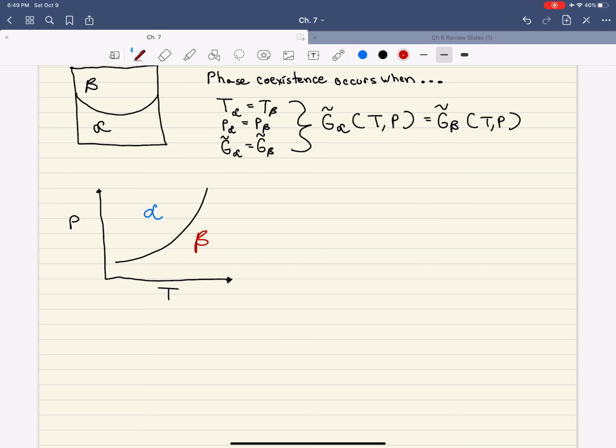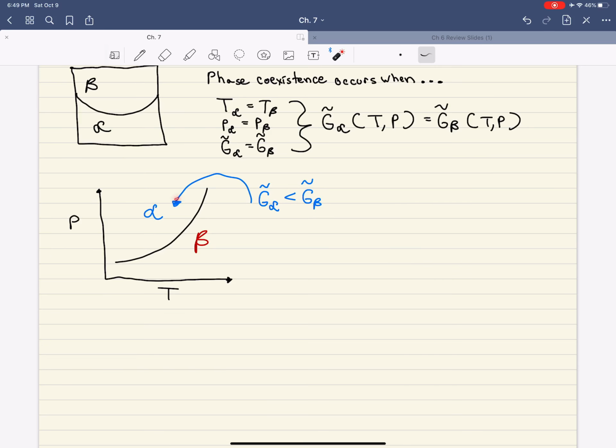In order for the chemical to exist only in the alpha phase, the molar Gibbs energy of the alpha phase has to be less than the molar Gibbs energy of the beta phase.